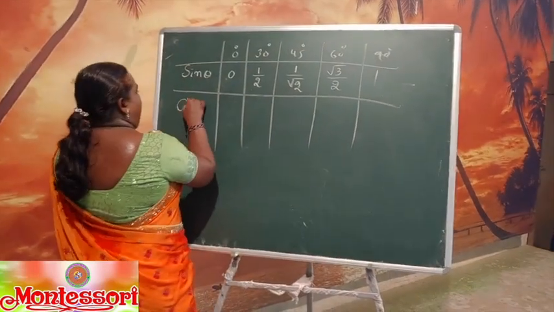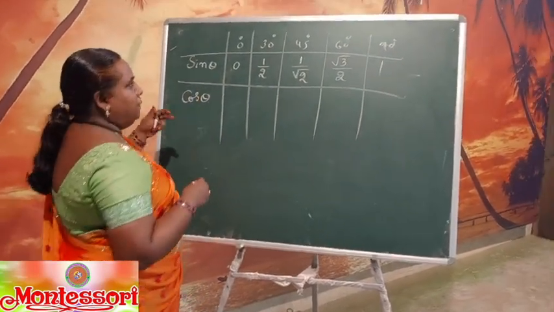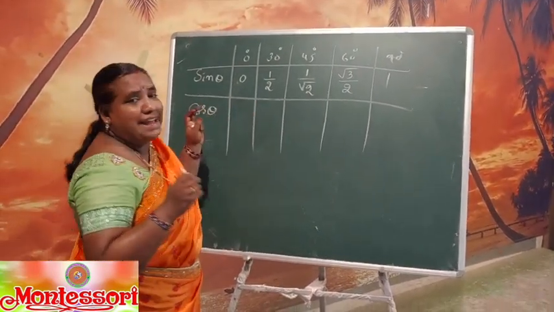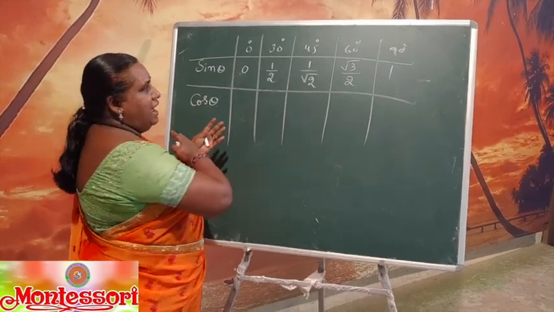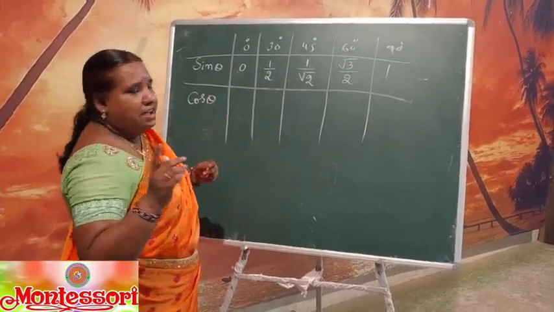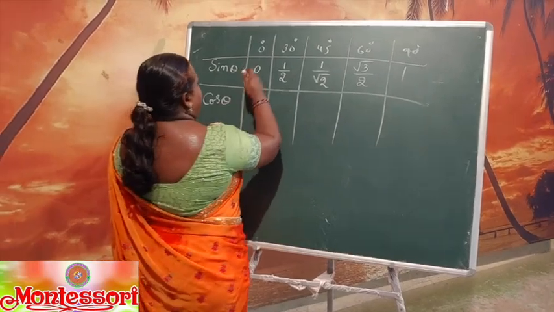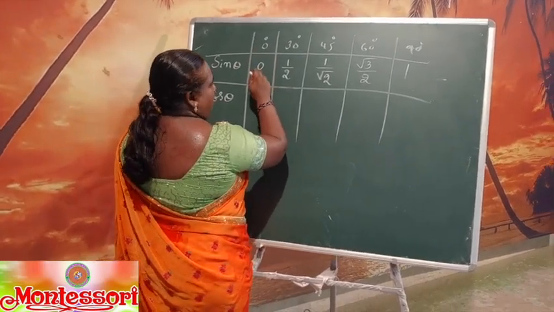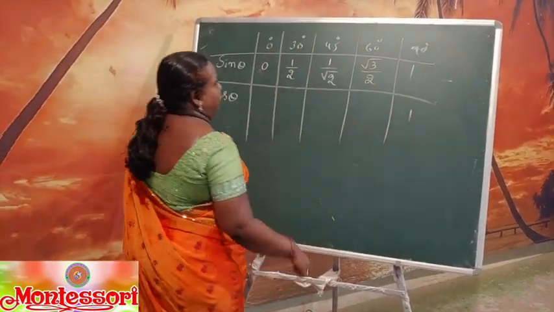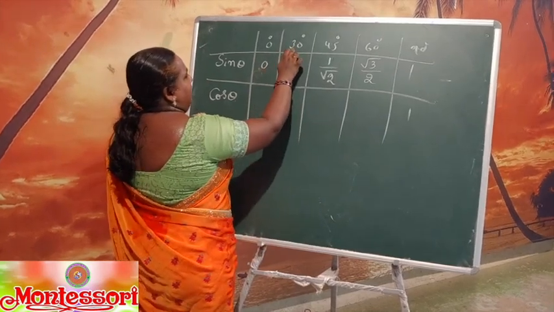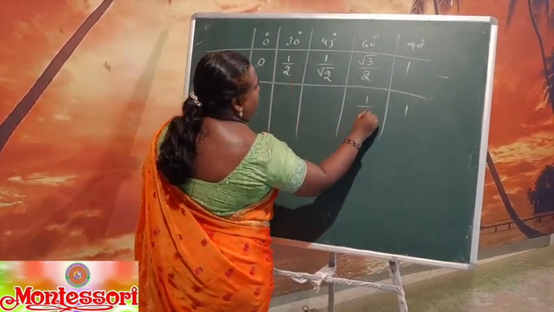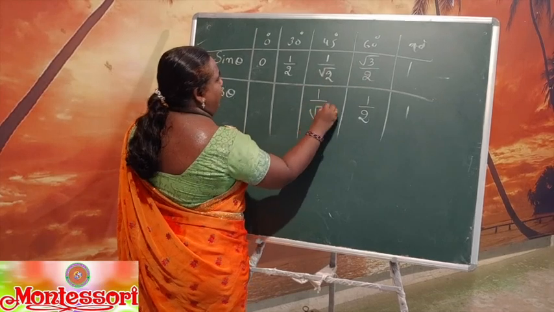In the same way, as I told you when you got the proof, cos is nothing but the reverse application of this sin. For example, what is sin 0? 0. That will be cos 90. What is sin 30? Half. That will be cos 60. 45 as it is will come.